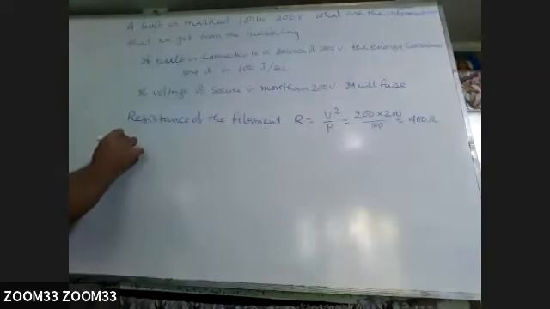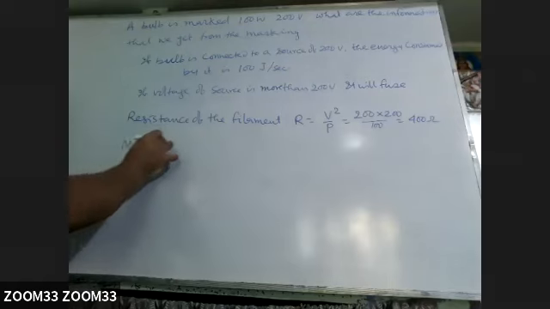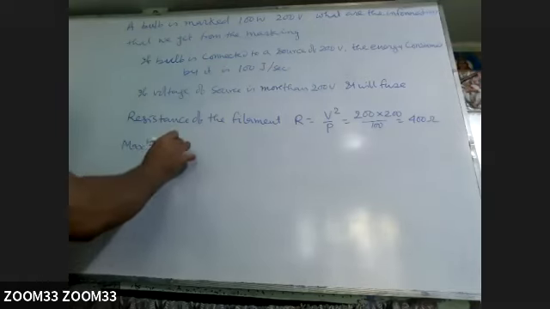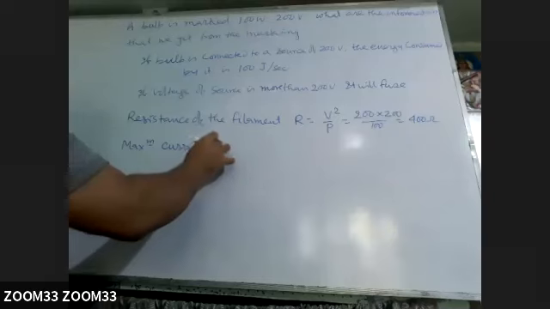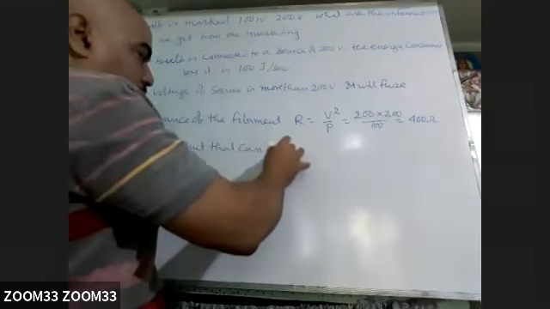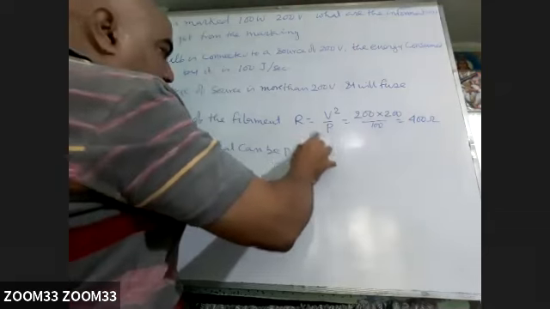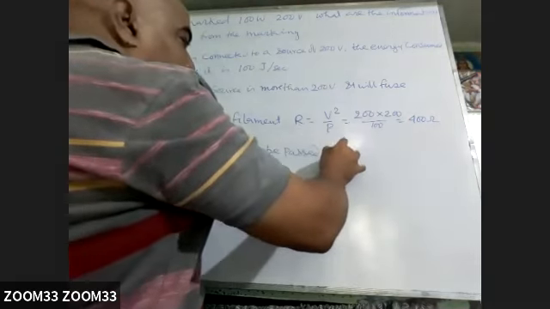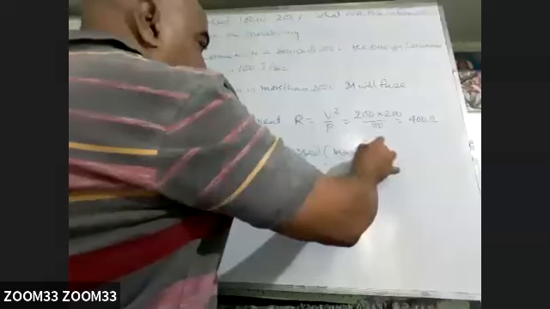So resistance we can find, and the maximum current that can be passed, or we say maximum safe current.